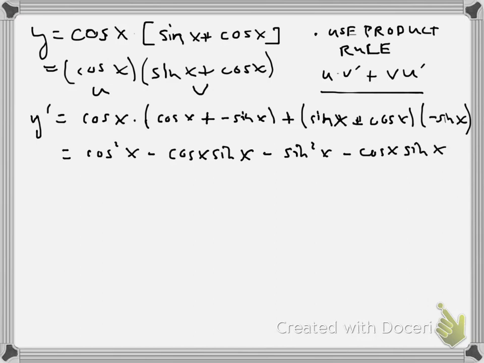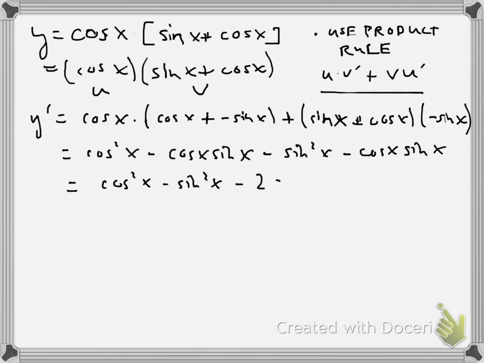So we get basically two terms: cosine squared x minus sine squared x, and then minus 2 sine x cosine x, right?